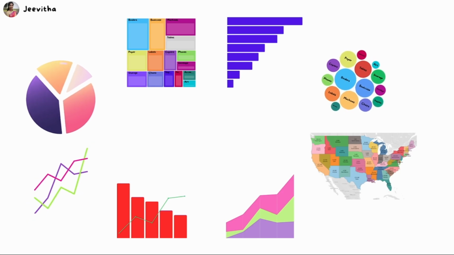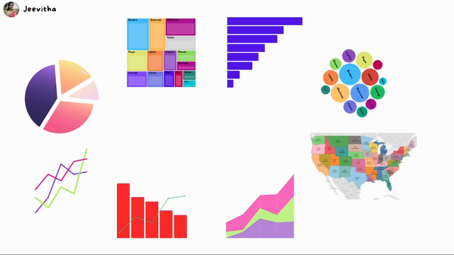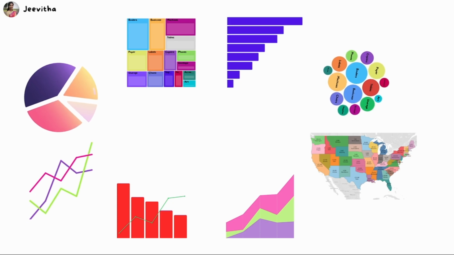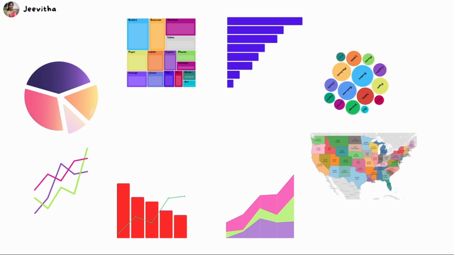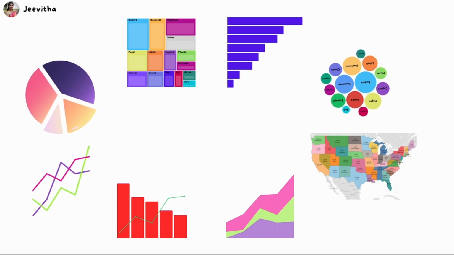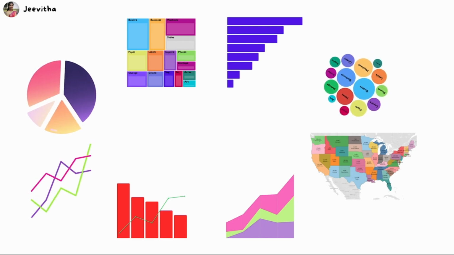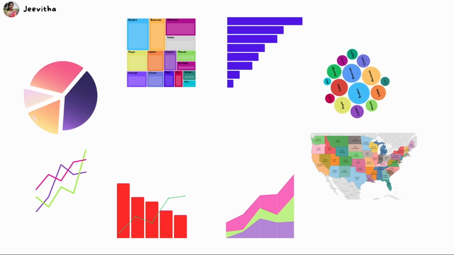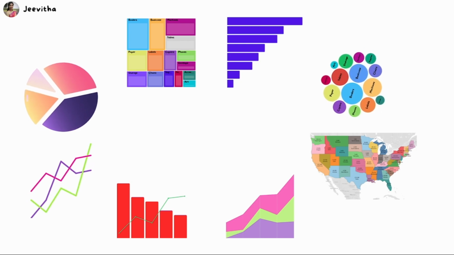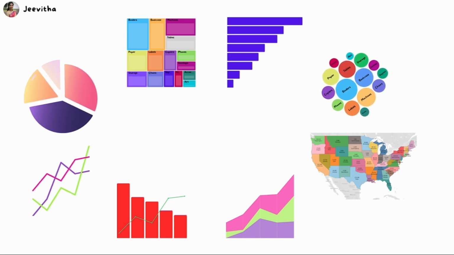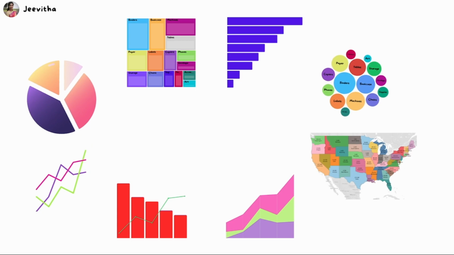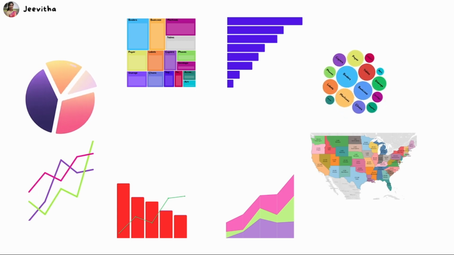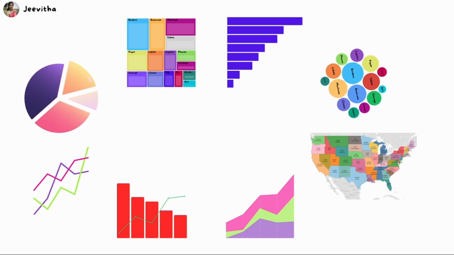So let's understand what different things we can do with Tableau. The very first thing, we can create stunning graphs or charts using Tableau. We have different charts like pie chart, tree map, bar chart, column plot, bubble chart, line chart, area chart, histogram, scatter plot, and you can also create geographical maps. These are the different charts and maps you can create using Tableau.